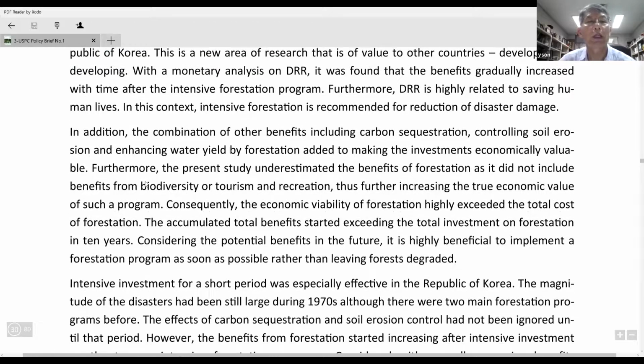And in this study, we did not include other benefits, for example, biodiversity, tourism, recreation, and so on. There are many benefits after reforestation. If we include monetary benefits of biodiversity, tourism, and recreation, the BC ratio would increase higher and higher.